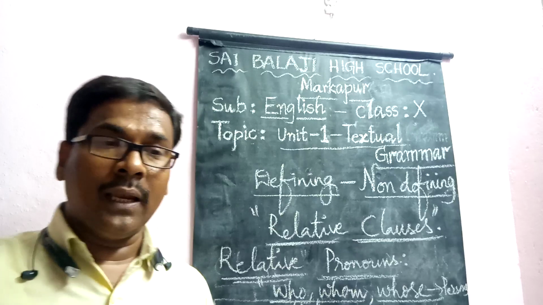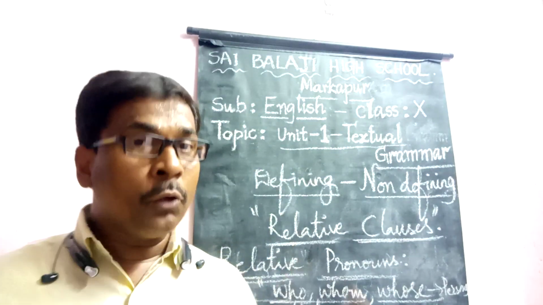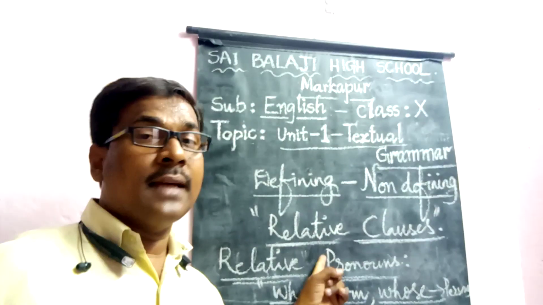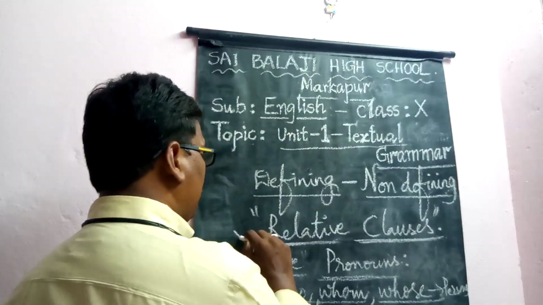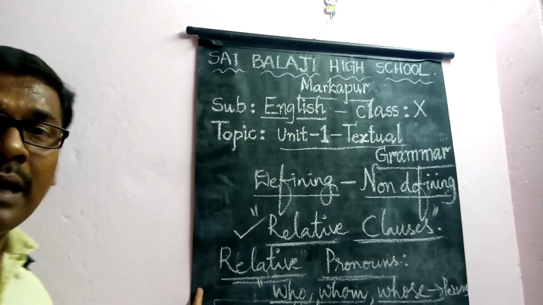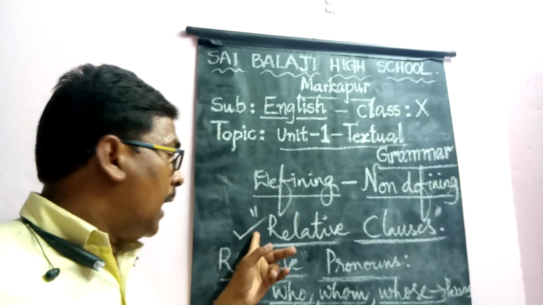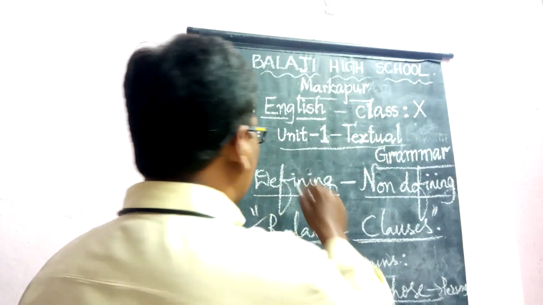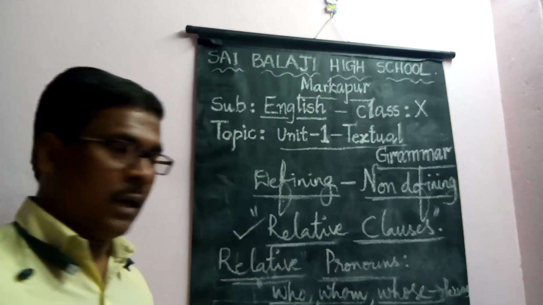That means a relative pronoun which is present in a clause, that clause is known as relative clause. Here we got an idea about relative clause. Up to here it is very clear. Now come to the point, defining non-defining relative clauses.